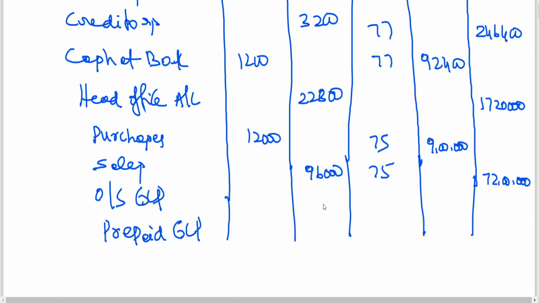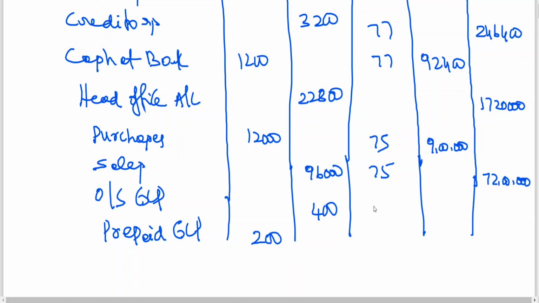So outstanding expense, I've told you, we got outstanding expenses of 400 pounds. Outstanding expense shows credit balance. Prepaid expenses show debit balance. Prepaid expenses 200.